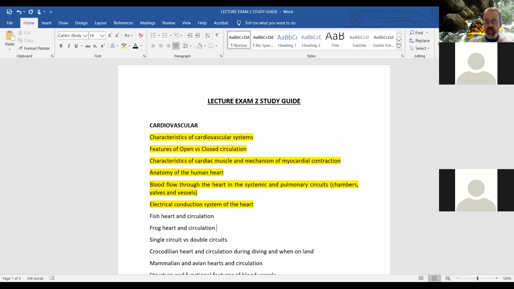And now this oxygenated blood is deoxygenated and it returns back to the atrium.